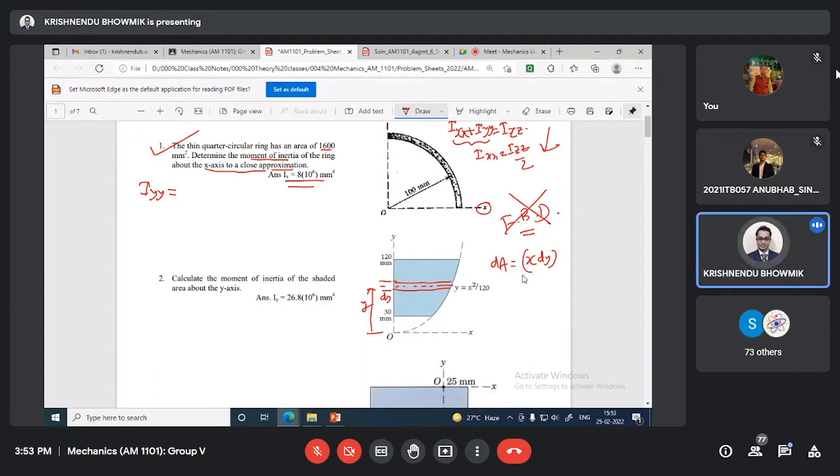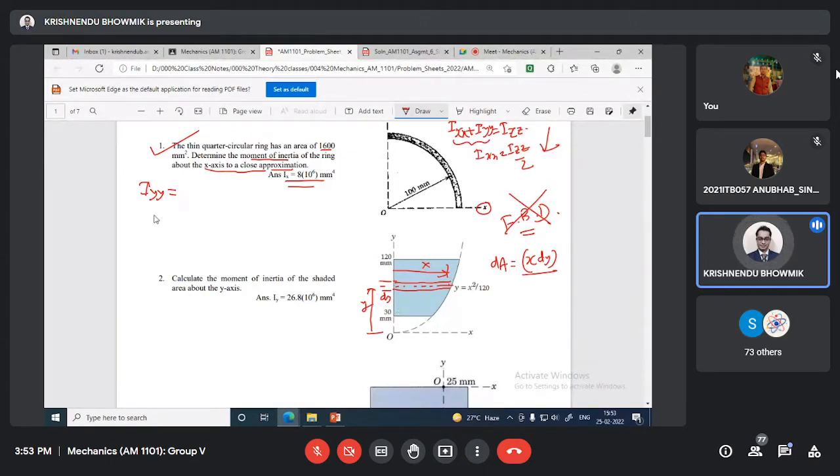This is the area. Is it not? It looks like a rectangular element.